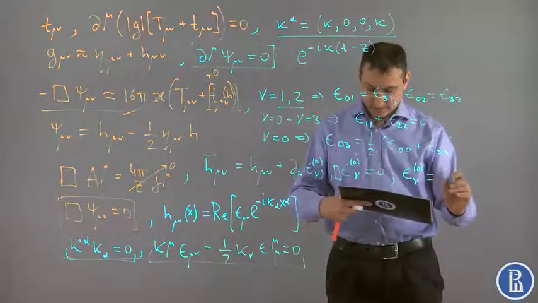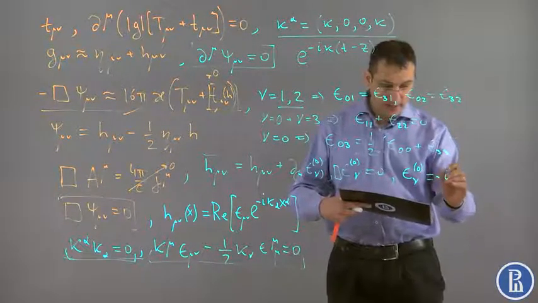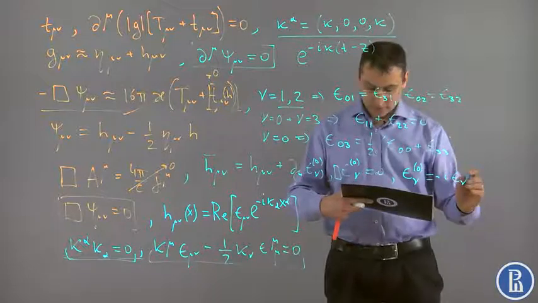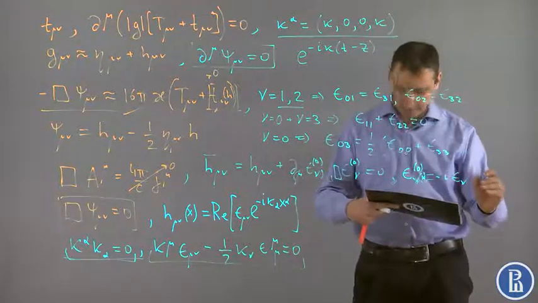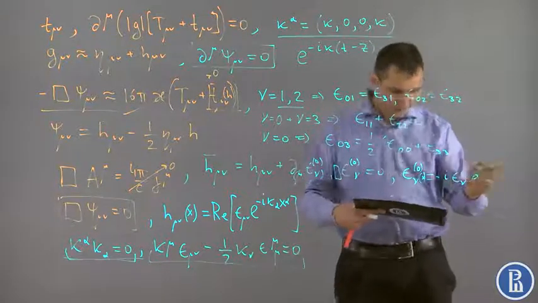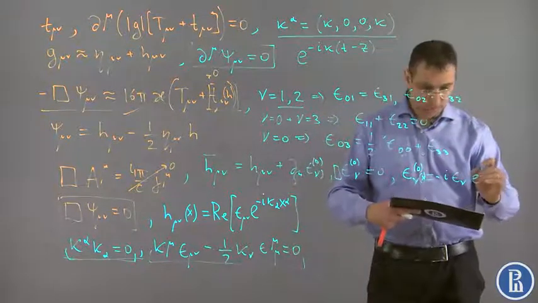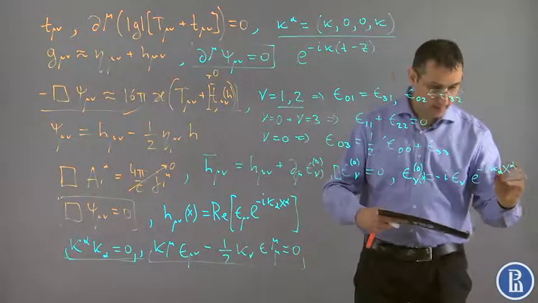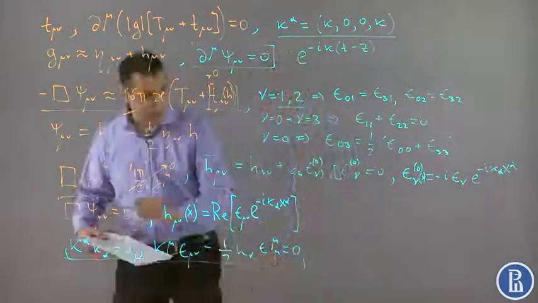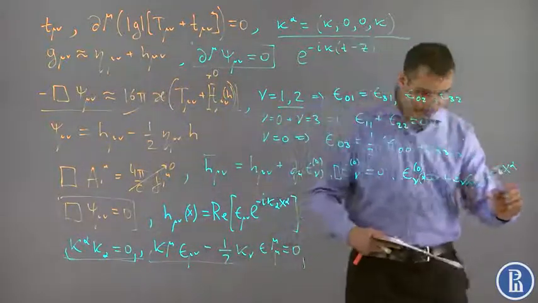It is epsilon nu, well, this is a function of x, but this is already a constant, real part, of course, of this quantity, times e to the minus I k alpha x alpha, where k alpha solves this equation. So we represent it like this.